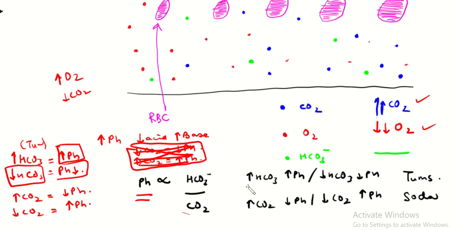And that's what I'm describing here. High bicarb means high pH, low bicarb means low pH. Tums. High CO2 means more carbonic acid means less pH. Less CO2 means less carbonic acid means more alkalosis means higher pH. Okay? So that's some basic stuff.